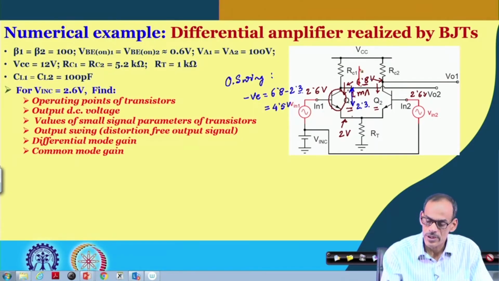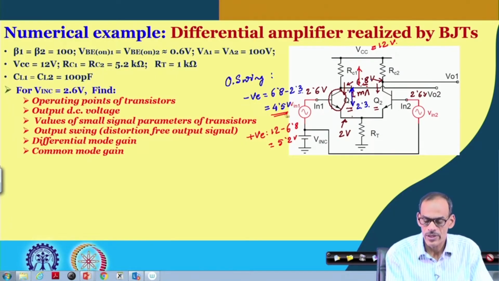Likewise, for the positive side, the voltage here can go towards the supply voltage. So, here we do have 12 volt DC, and the DC voltage at the output is 6.8. So, the positive side, on the other hand, is 12 minus 6.8, so that is equal to 5.2 volt.